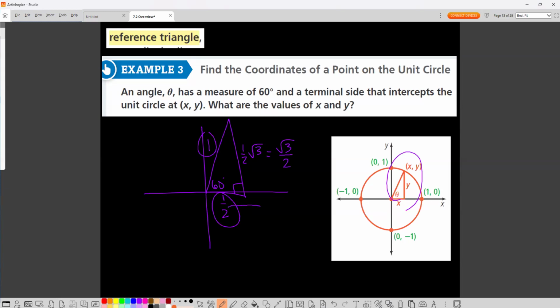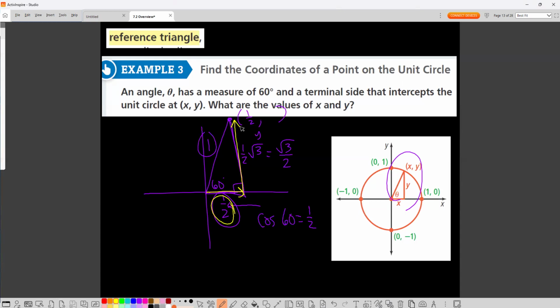The x is 1/2, so that's the cosine: the cosine of 60 is 1/2. And over here, the y side is the vertical. Right up here you can do these coordinates too. They'd be 1/2 on the x when you go right there, and then you go up on this side.